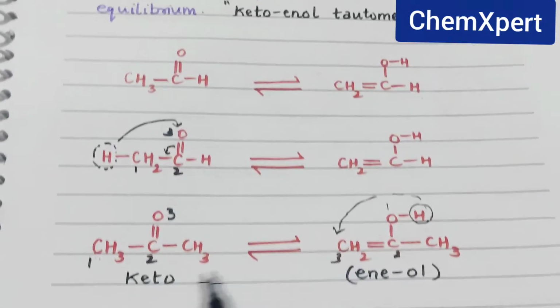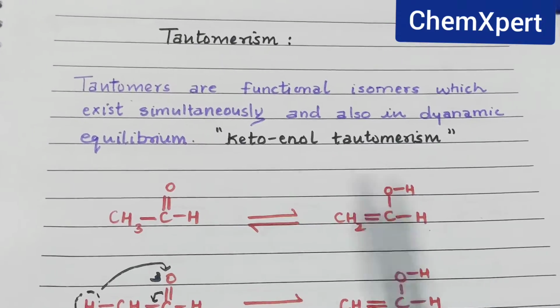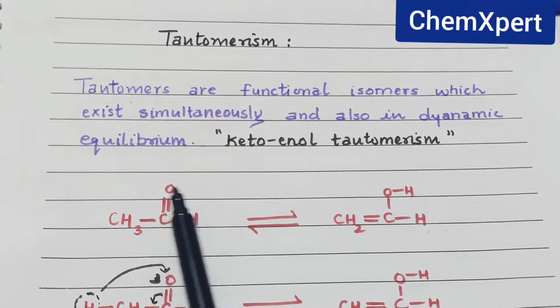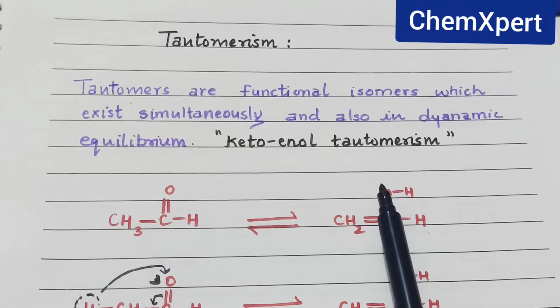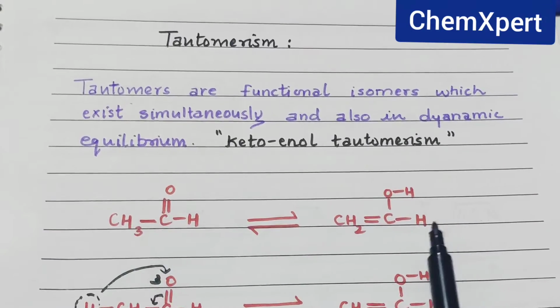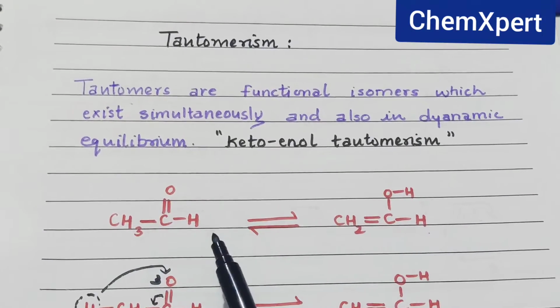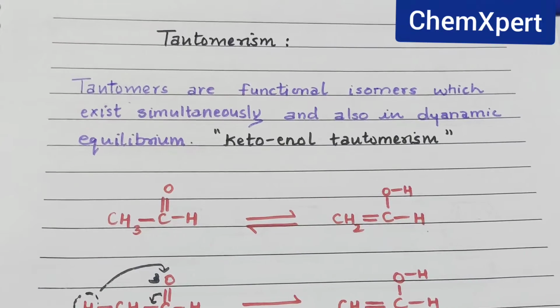So keto enol tautomerism, also known as tautomerism, they are functional isomers. Both are functional isomers which exist simultaneously and also in dynamic equilibrium.